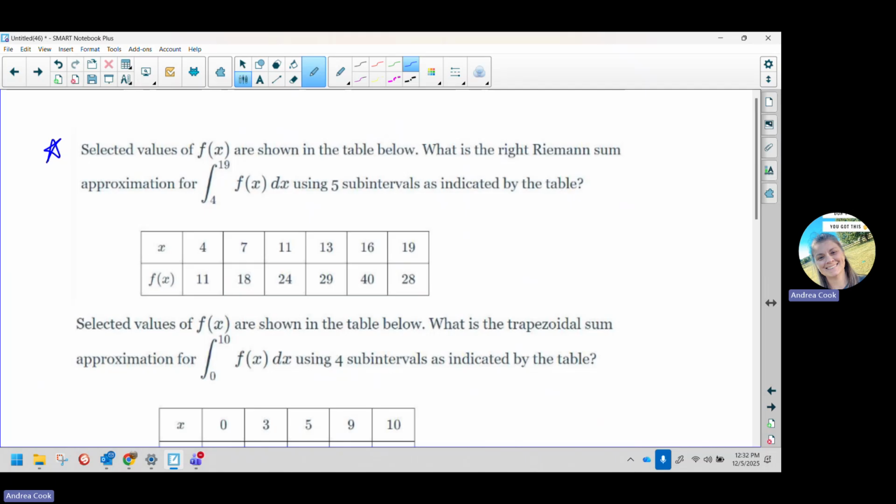Right side. If you want to get out your calculator to add the numbers, that's fine.